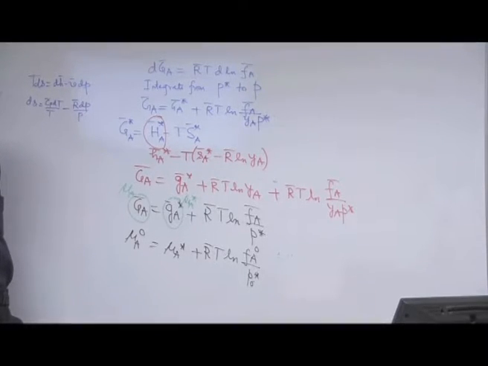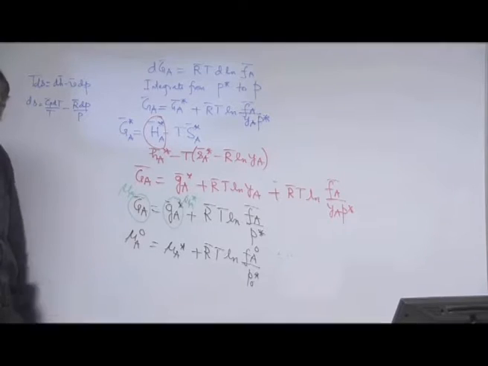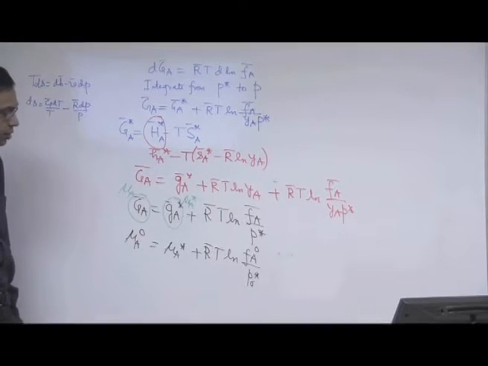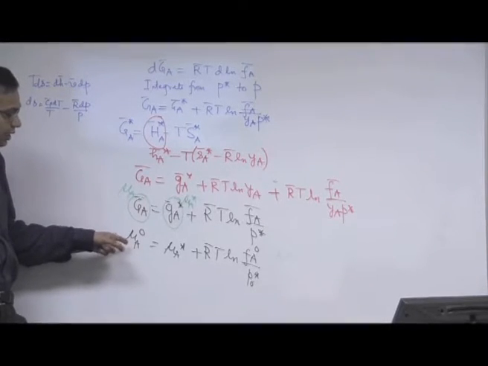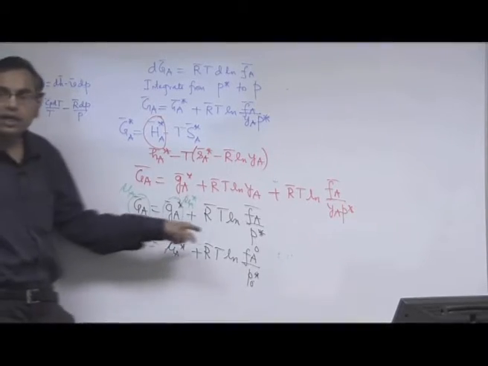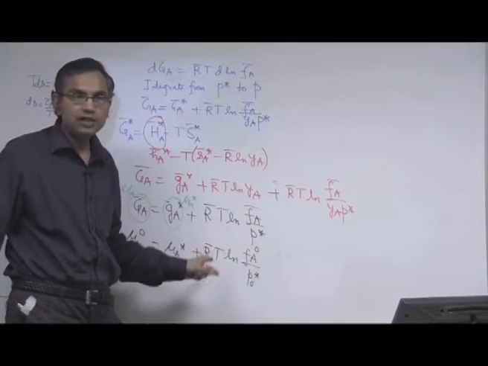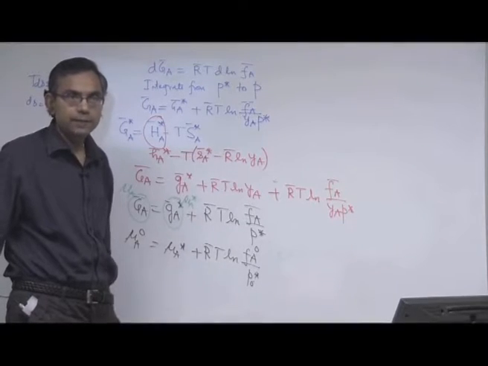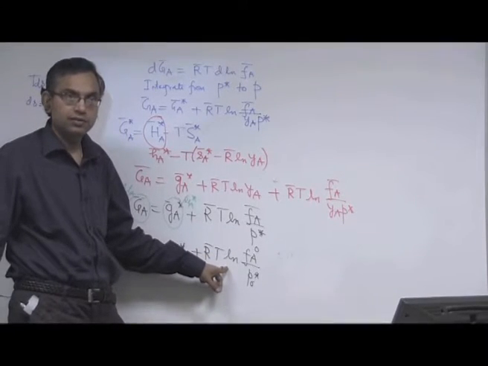This is for the pure component. You can get this by integrating d mu is equal to RT d ln F from the state star to the state P, and you will get this for the pure component.